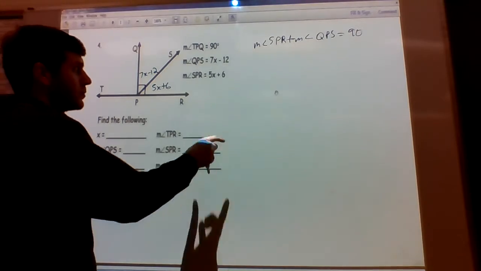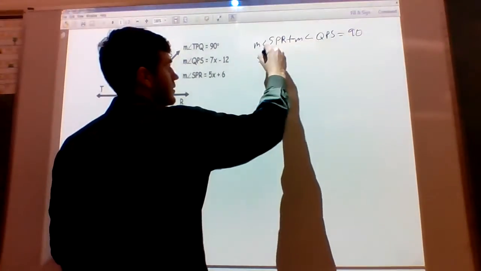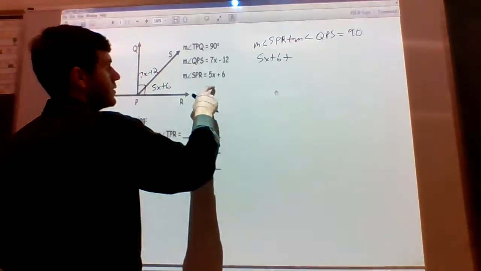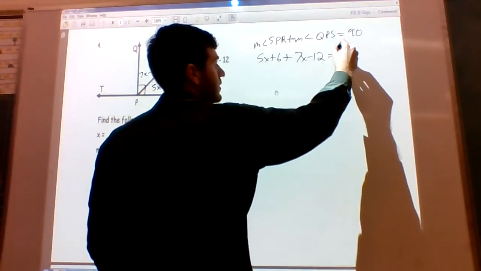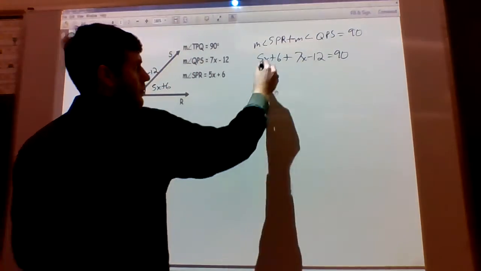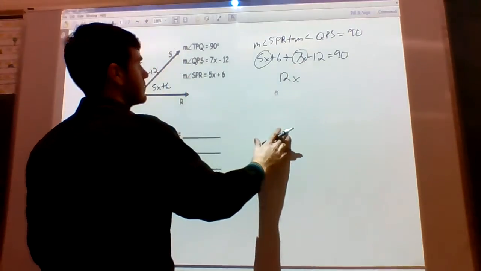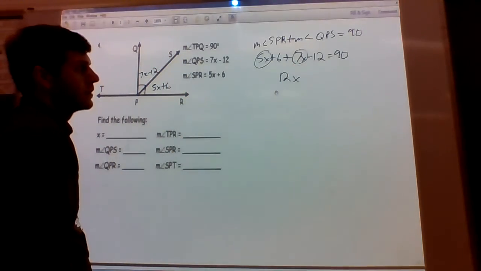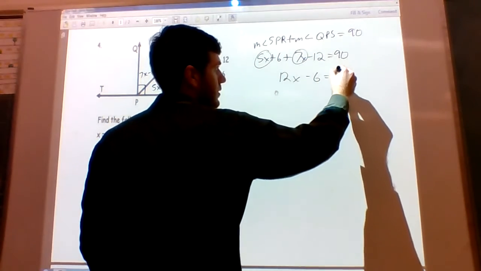Okay. So the measure of angle SPR is 5x plus 6. The measure of angle QPS is 7x minus 12. From here, we just solve for x. Combine like terms, 12x. 6 minus 12 is minus 6.